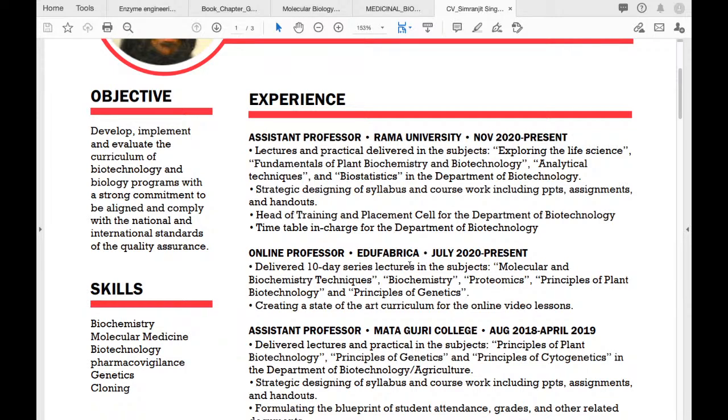And now I'm an AP at Rama University in Kanpur since last November, where I was teaching analytical techniques also.